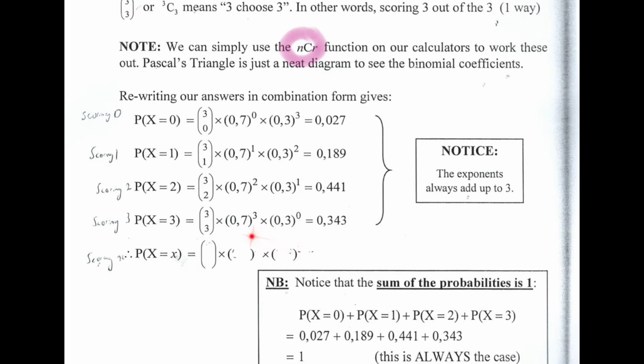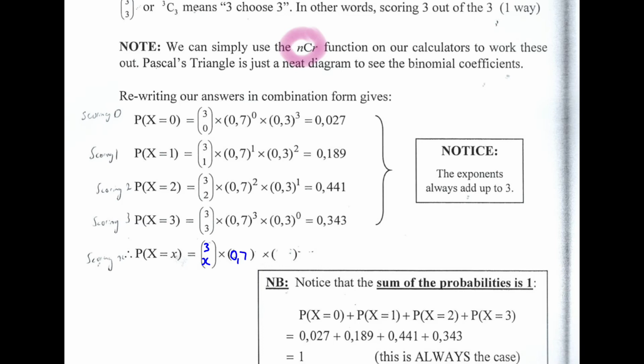Okay, so at the bottom here, we need to develop a formula that helps us remember all of these. The probability of her scoring X times will be 3 choose X. And in this particular probability, the probability of her scoring remains unchanged at 0.7.